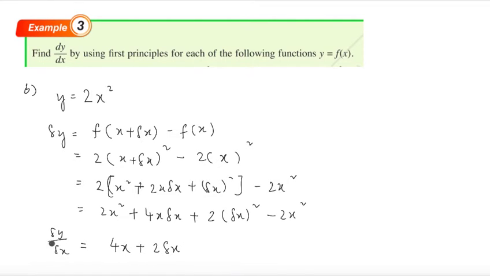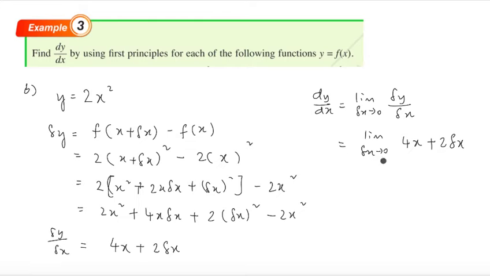Okay, so this is delta y over delta x. And now we want to find dy/dx by using first principle. dy/dx equals the limit as delta x approaches 0 of delta y over delta x. This is a method. Then now we substitute the delta y over delta x here, 4x plus 2 delta x.